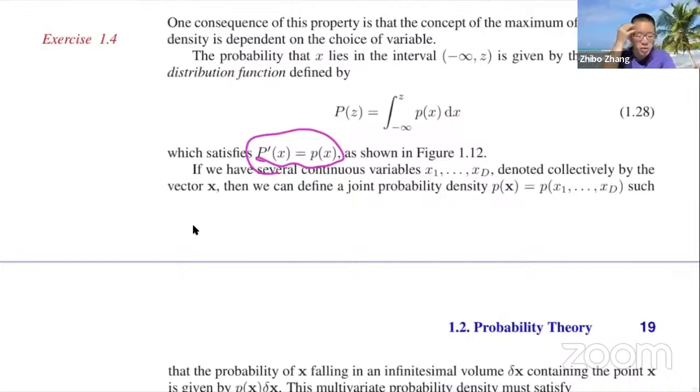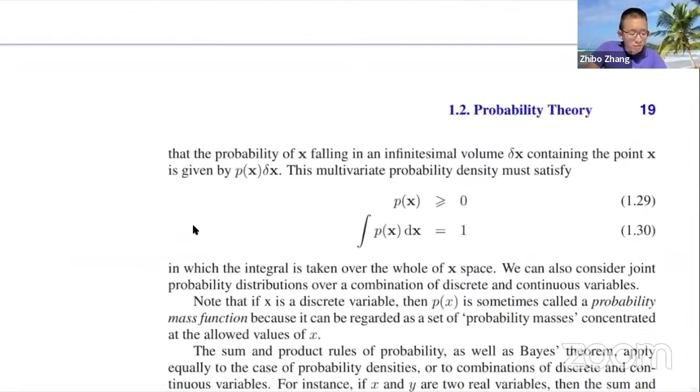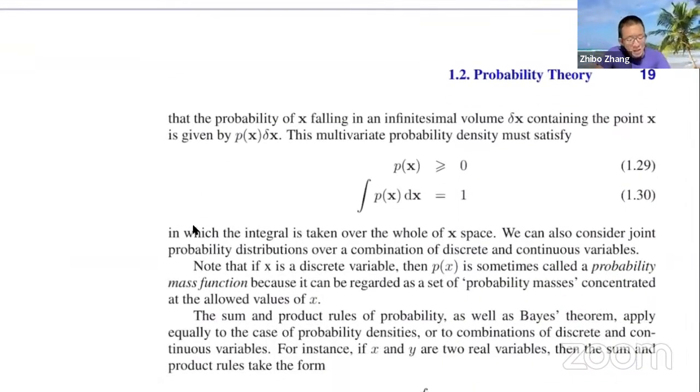If we have several continuous variables, x1 to xD, denoted collectively by the vector x, then we can define a joint probability density, p(x), which is the joint probability of all of its elements in the vector, such that the probability of x falling in an infinitesimal volume delta x containing the point x is given by p(x) delta x.